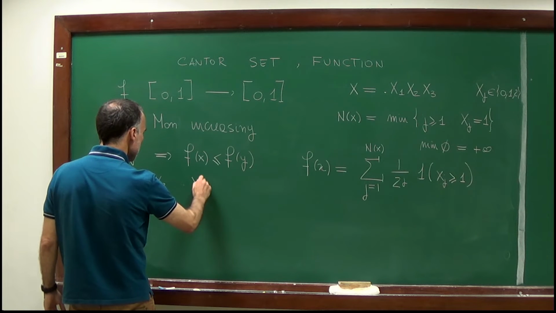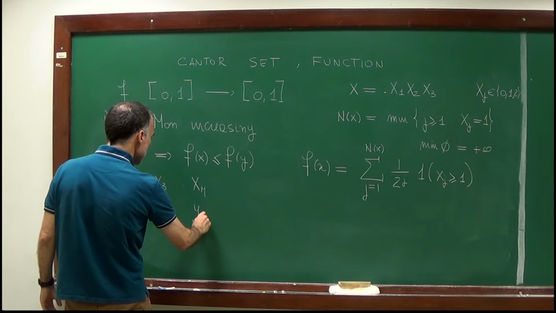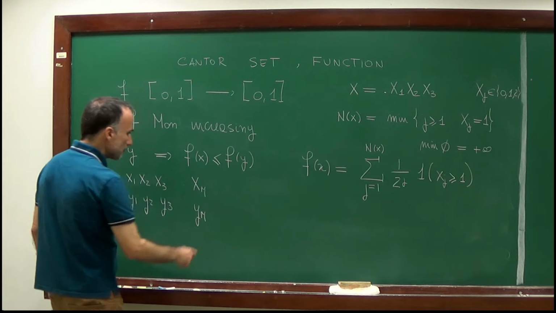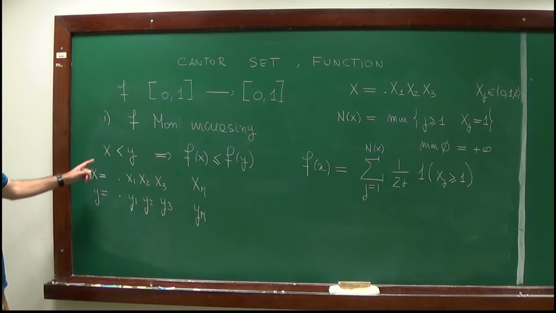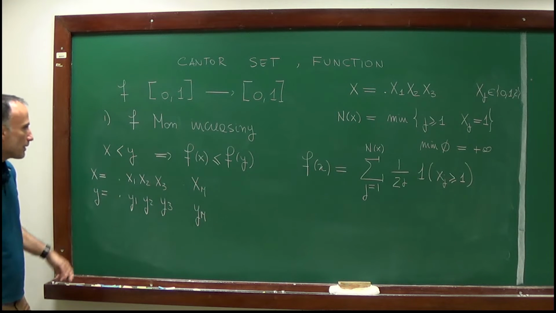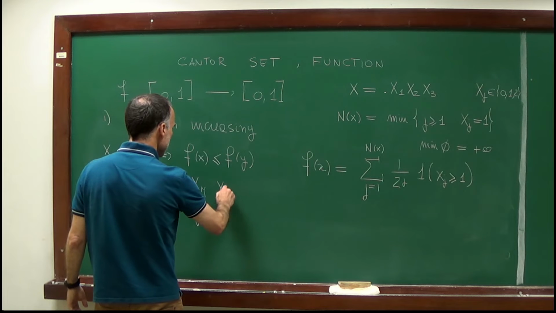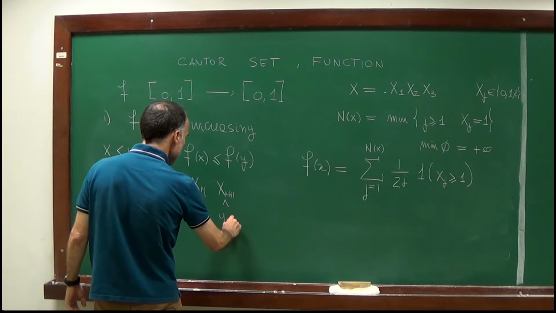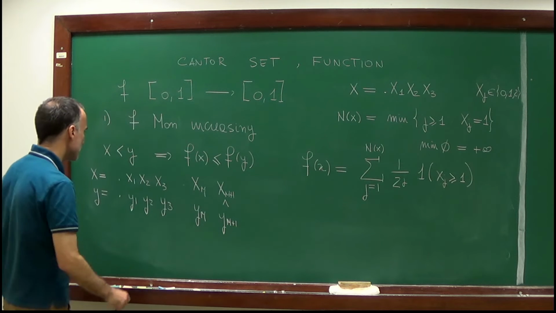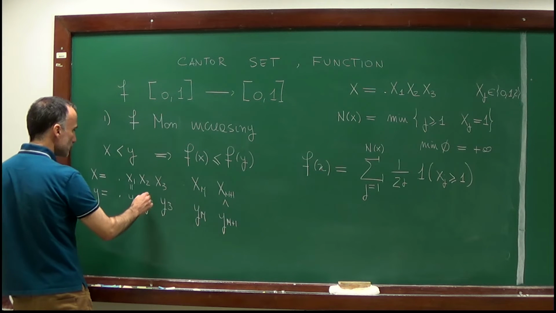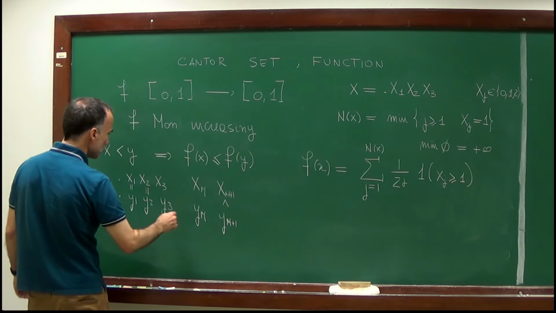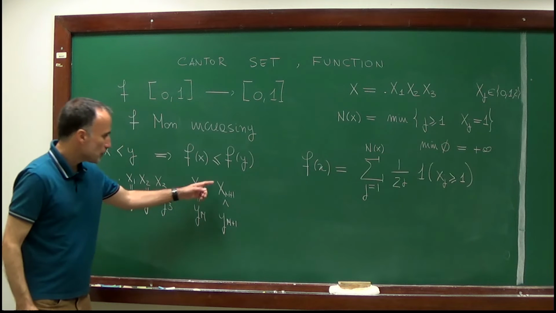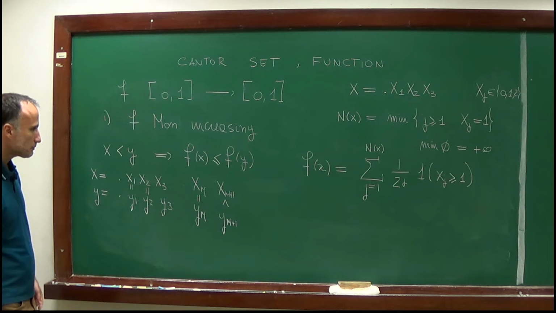So let's assume that the first m digits coincide and the next one is different. I'm assuming now that x1 is equal to y1, x2 equal to y2, up to xm, which is equal to ym, but that these two next digits are different.